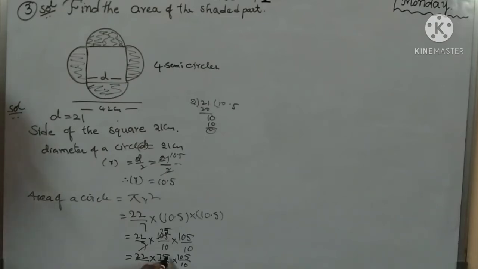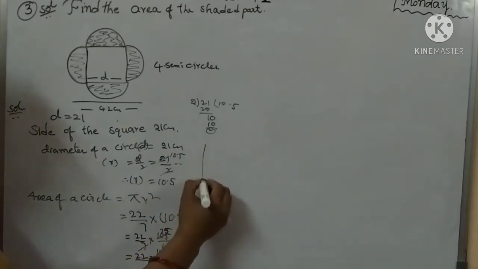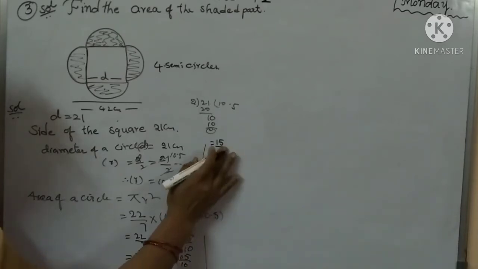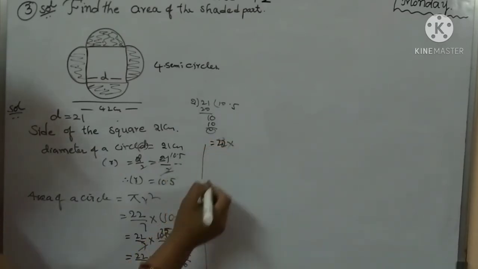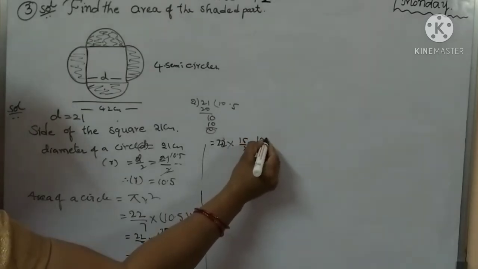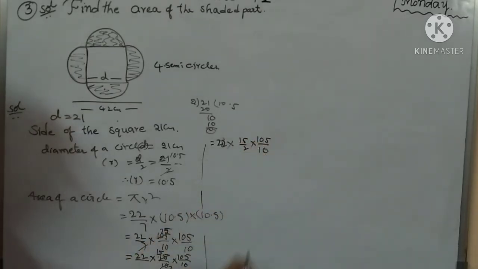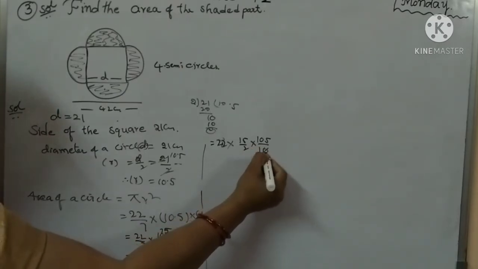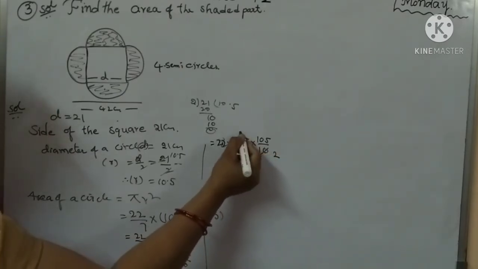Okay. So here 5 table. How many times 5 table? 5 ones are 5, 5 fives are 25 and 2 times 15/2. So here write 15, 22 into 15/2 into 105/10. So here also same 5 table. Here 5 table 2 times and here 5 table 3 times.